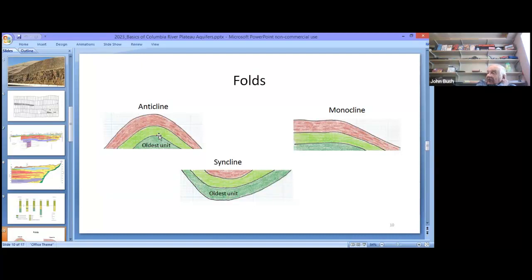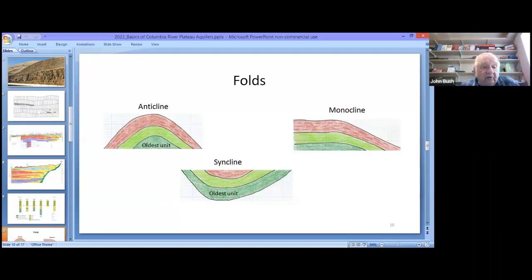Not necessarily always a complete barrier, but it can be a partial barrier. The same thing with a monocline and a syncline. We're going to talk about these in more detail in the next lecture. Just introducing them here. If they're familiar old-time terms to you, you're ready to go. If they're confusing, get into Google, plug in folds and faults, and you'll get several pages of block diagrams, outcrops, and so forth, telling you what folds are like.